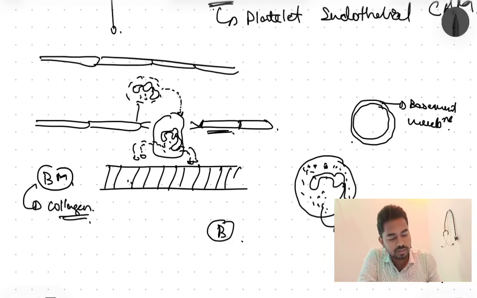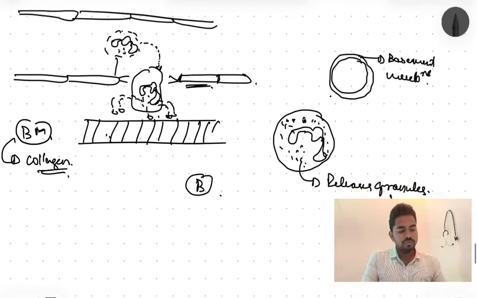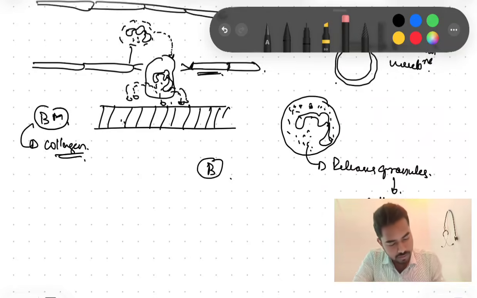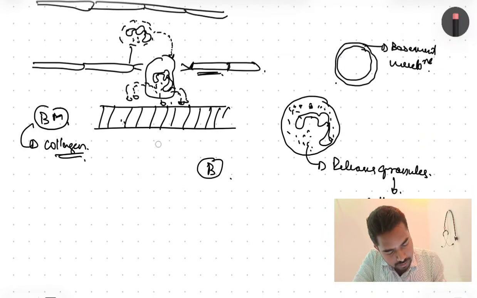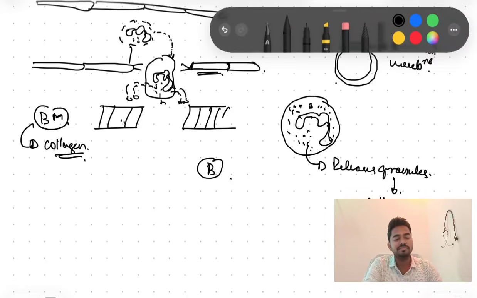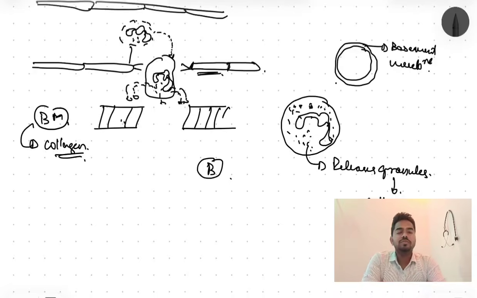Then what will collagenase do? It will digest the basement membrane, and it will form a gap, right? See how beautiful, right? Neutrophil made its own way.